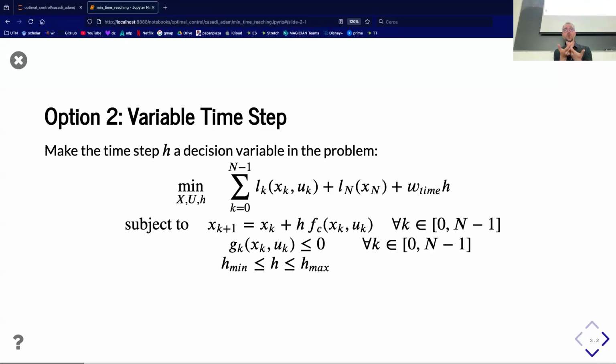Depending on how we set up the problem, we may end up with a value of h which is so large that the integration errors are very significant. Also the constraints are enforced too sparsely, so you might have violations in between constraints. And you don't know that until after you have solved the problem.